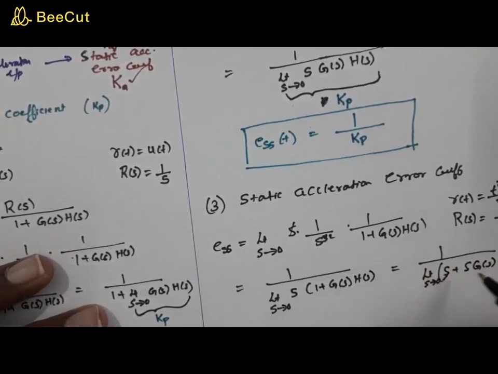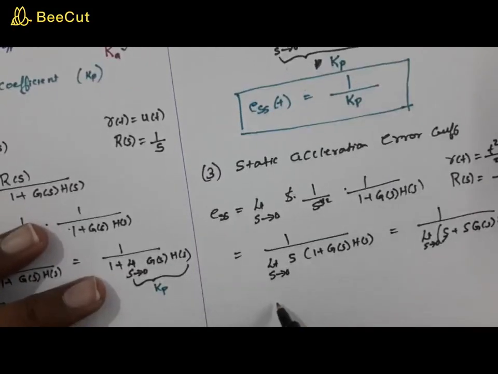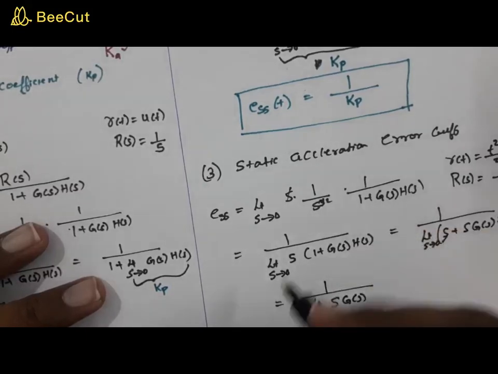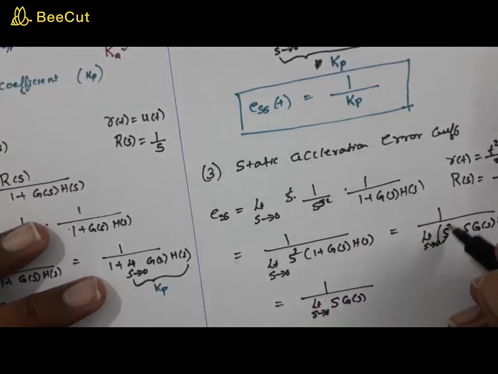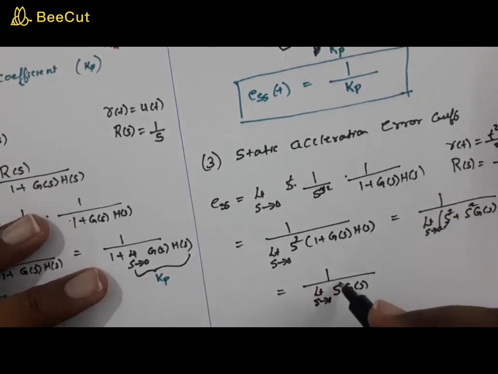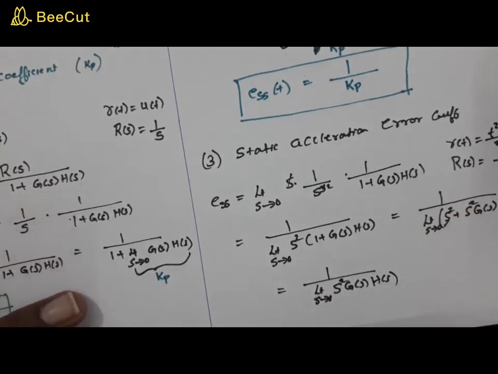The first term will be 0. So finally you will get 1 by limit s tends to 0 of s square into G(s)H(s).